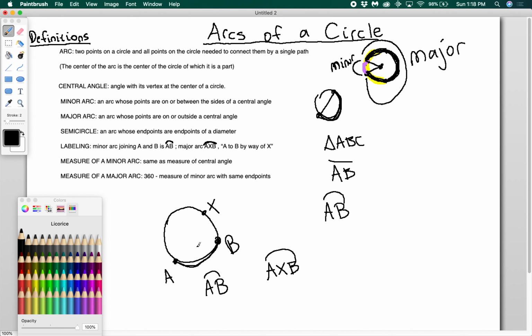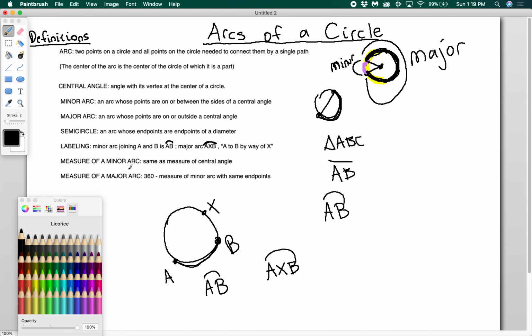Because that way I know it's A to B passing through the point X, so this is the major arc here. So basically, it's the same thing you do with angles or triangles. If anything is looking ambiguous, the more information you can put in, the better. And always put it in, X should be in the middle, it shouldn't be to the side, because otherwise you're creating a different arc. Okay, good.